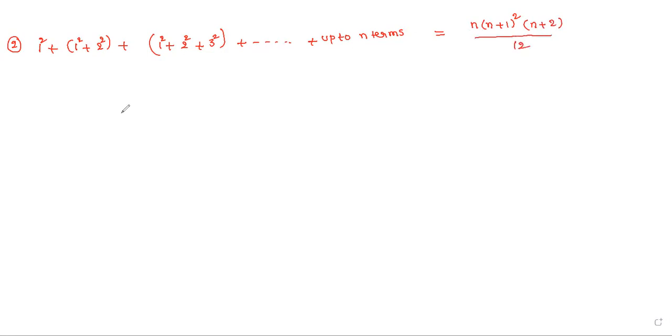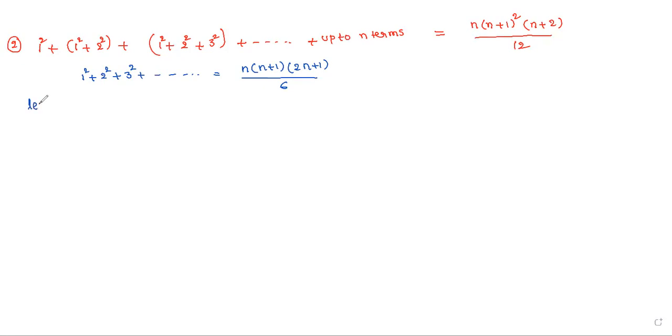N terms is not given, you find out nth term. What is the nth term? So 1 square plus 2 square plus 3 square and so on, that is sum of squares of n terms, is equal to n into n plus 1 into 2n plus 1 by 6.